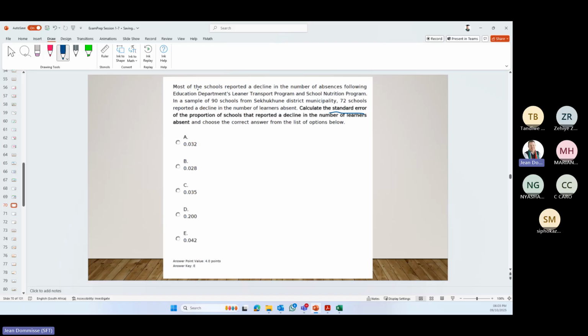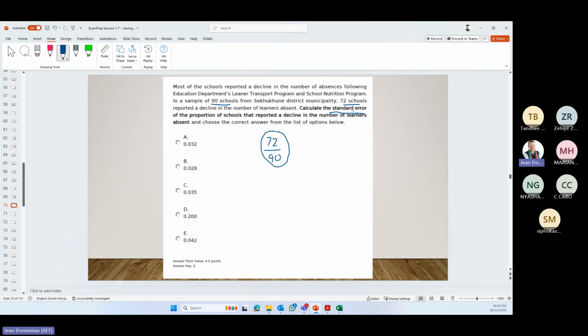Most of the schools reported a decline in the number of absences following this. In a sample of 90 schools, 72 schools reported a decline. So 72 of the 90 schools reported a decline. This tells me already we're working with a proportion.